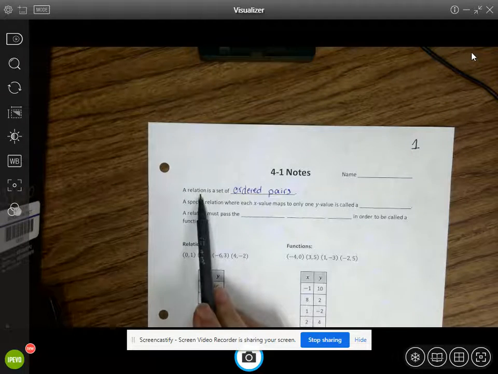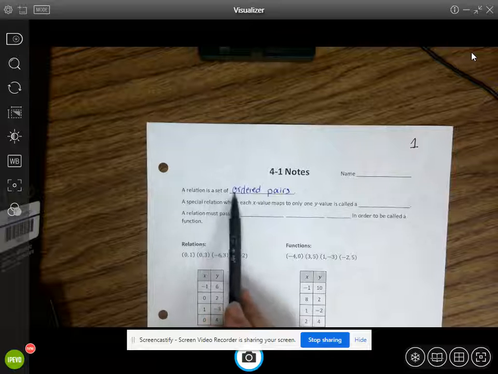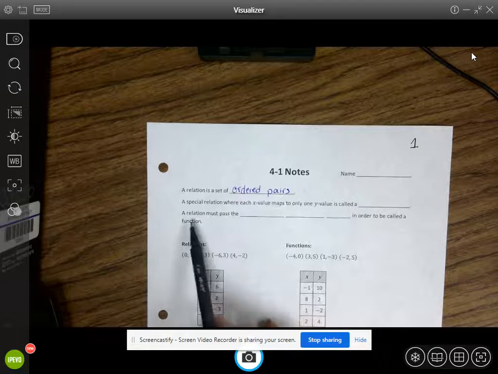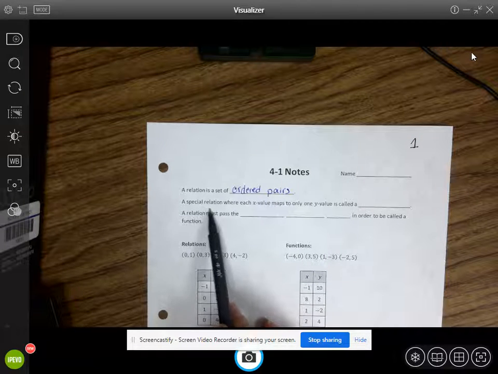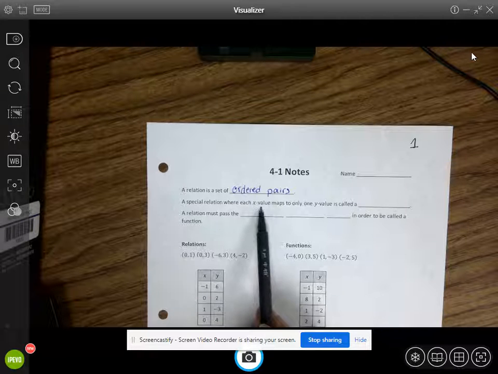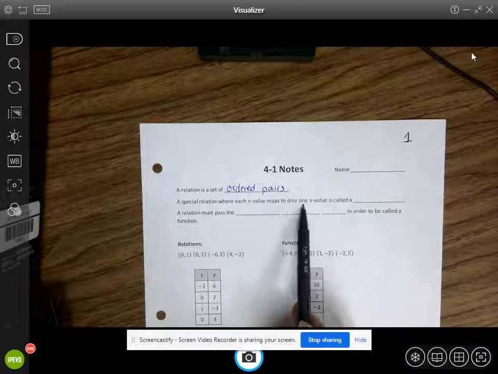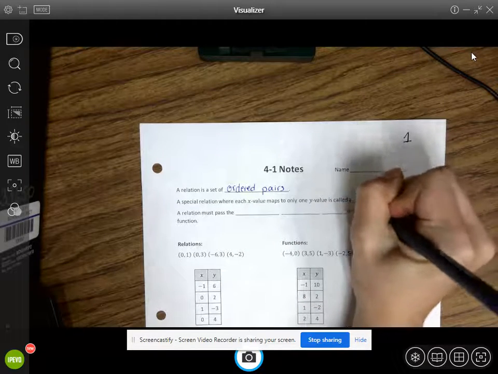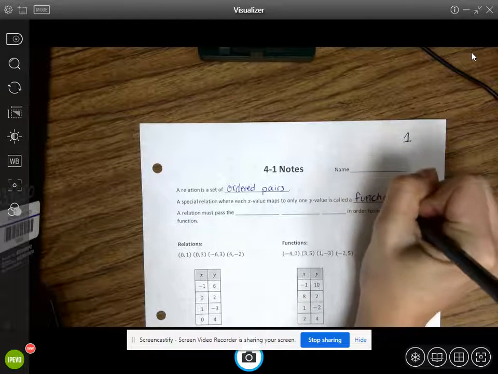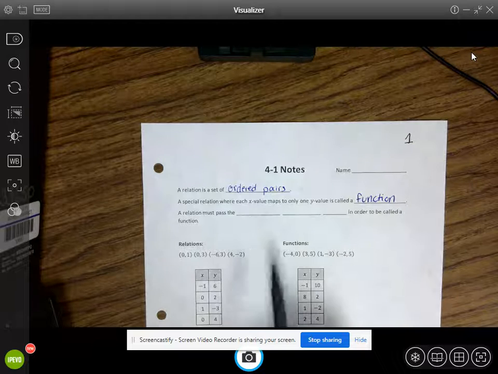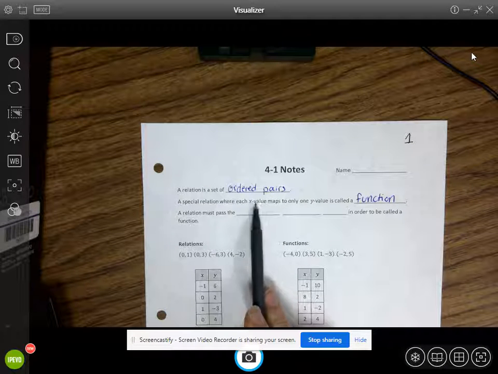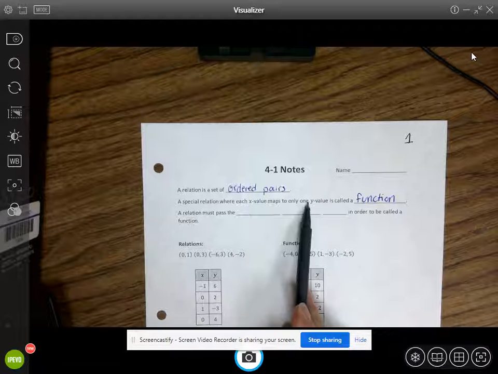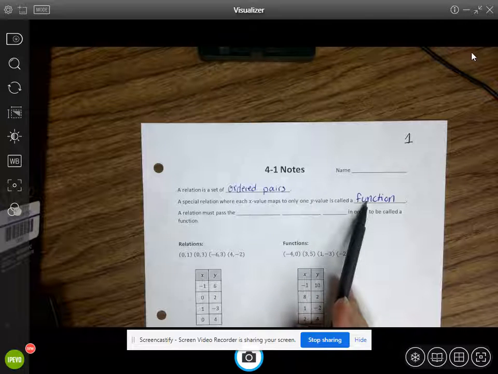So a relation is a set of ordered pairs. A special relation where each x value maps to only one y value is called a function. So for every x value, it can only have one y value that it goes with to be a function.